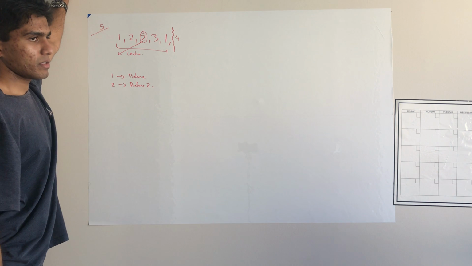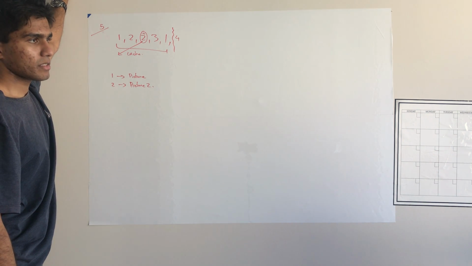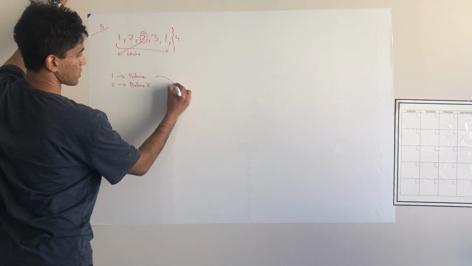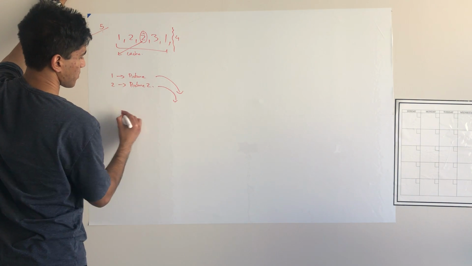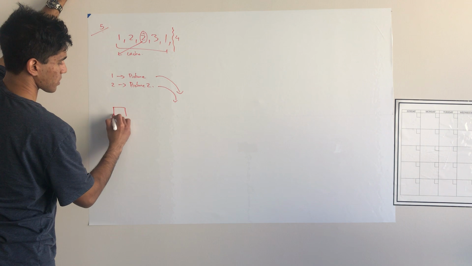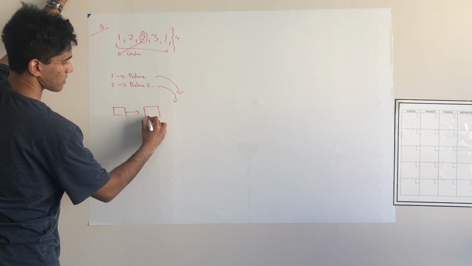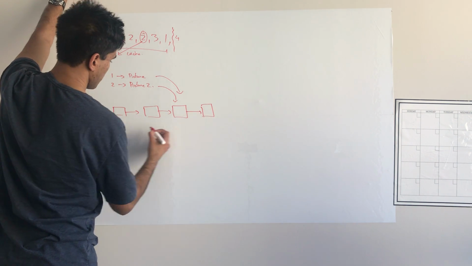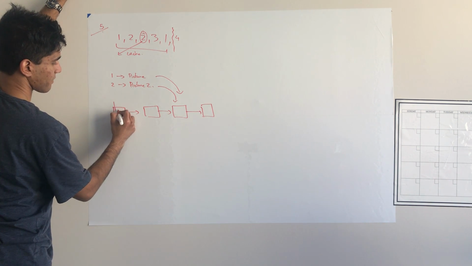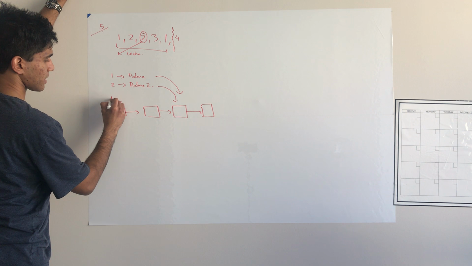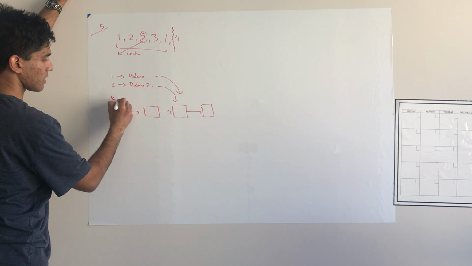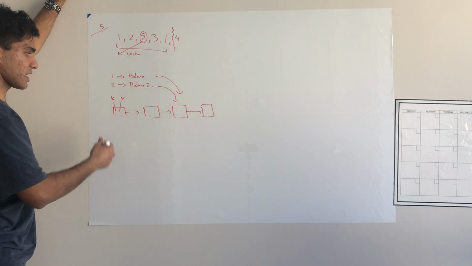Now that's not the way we are solving this. The hash map will actually hold pointers to a linked list. It will be within this linked list that we store the values. The linked list will have a key and a value. The key will be say 1 and the value will be the value associated with the key.